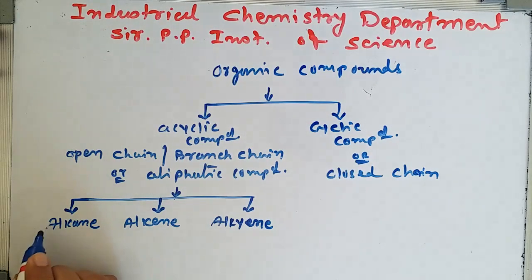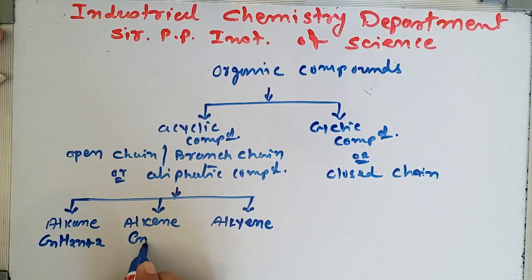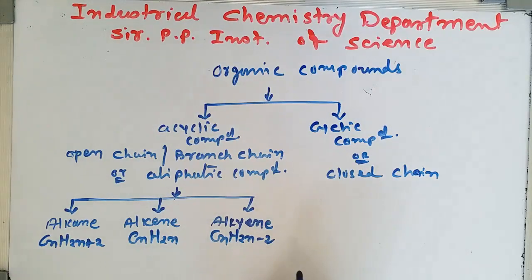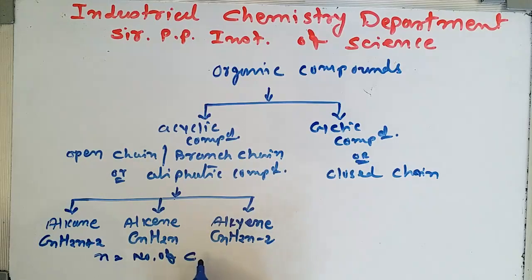And we know the general formula of alkane is CnH2n+2, alkene is CnH2n, and alkyne is CnH2n-2, where n is the number of carbon atoms.